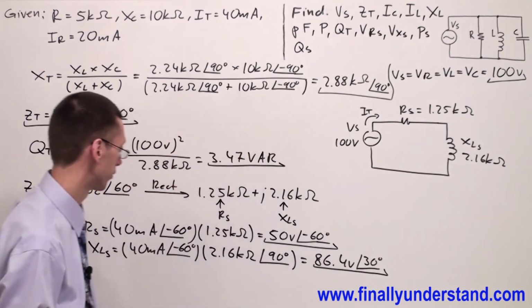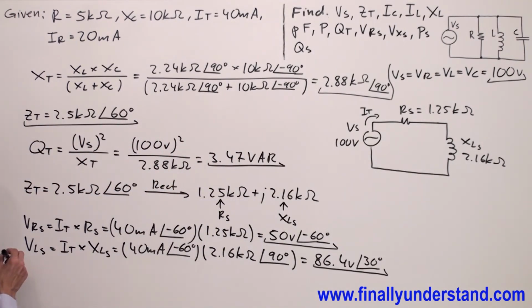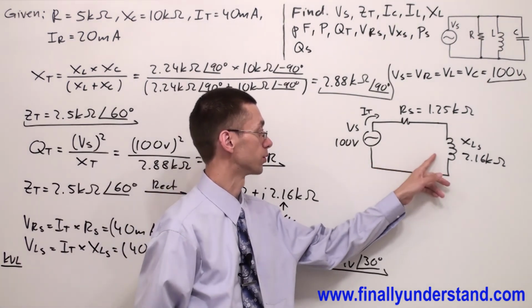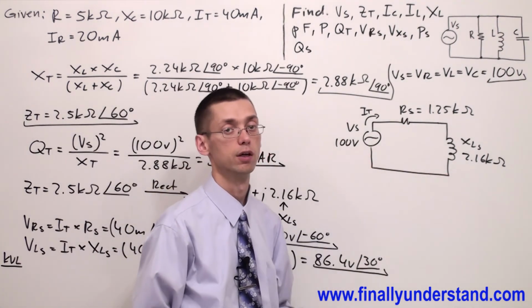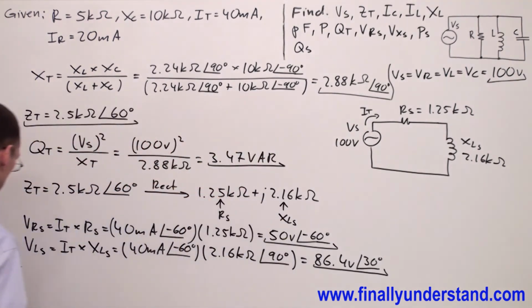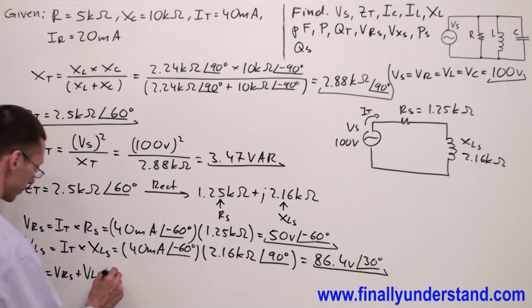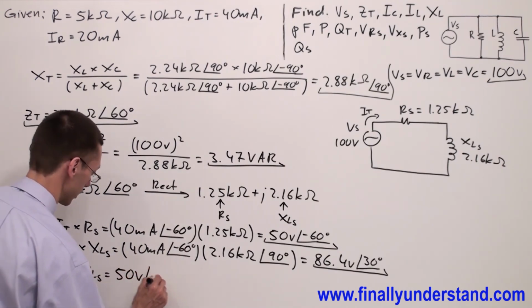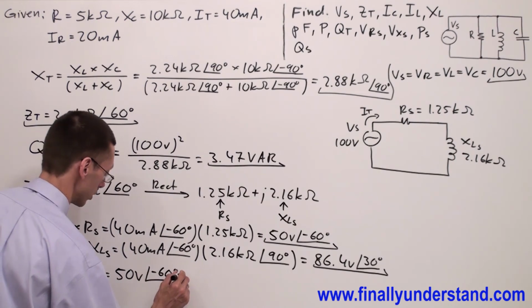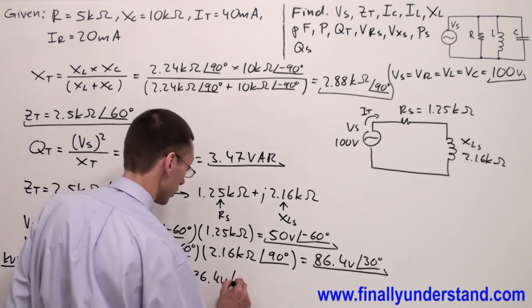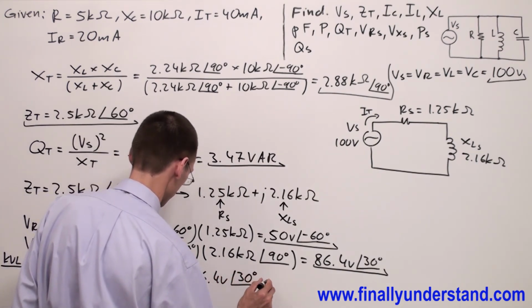Now we are going to verify if our answers are correct. I'm going to use KVL in this case, which says that the sum of the voltage drops across these two components is supposed to give me voltage source. Okay, this is the Kirchhoff voltage law. So I have voltage source is equal to VRS plus VLS. This is equal to 50 volts and angle of negative 60 degrees plus 86.4 volts and angle of 30 degrees.